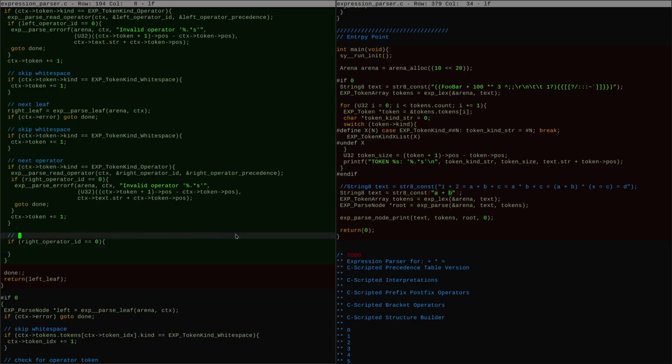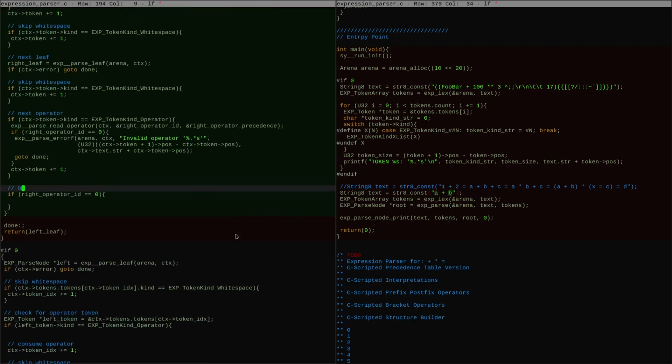So here we have bind right leaf into left.